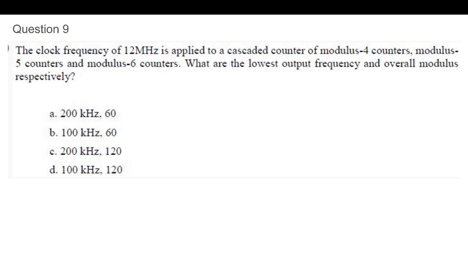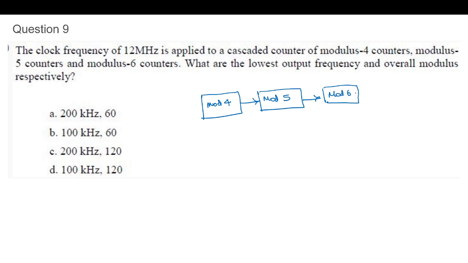So we are cascading a mod 4 counter with a mod 5 counter and a mod 6 counter, and we have to find the output frequency and overall modulus. First we will find the overall modulus of the counter. It is 4 into 5 into 6, which is 120.